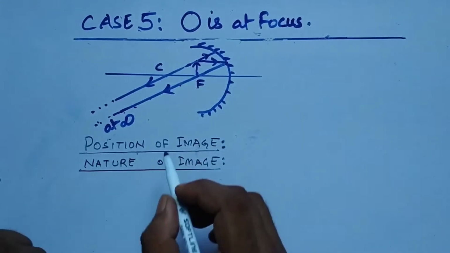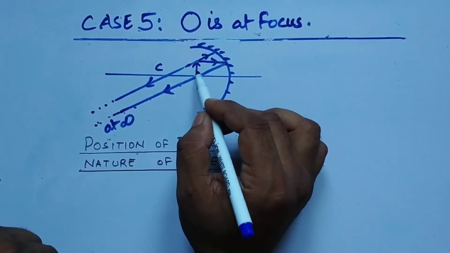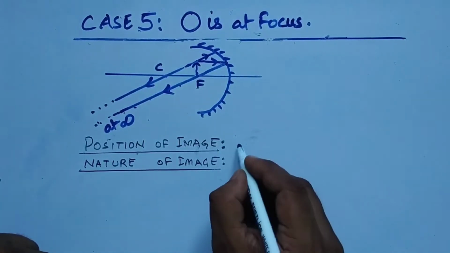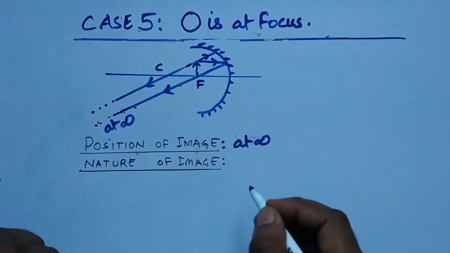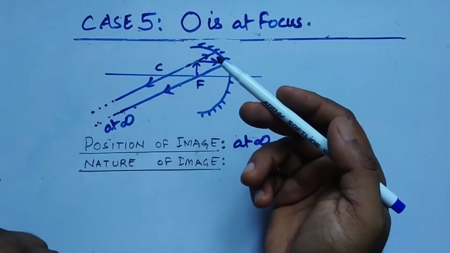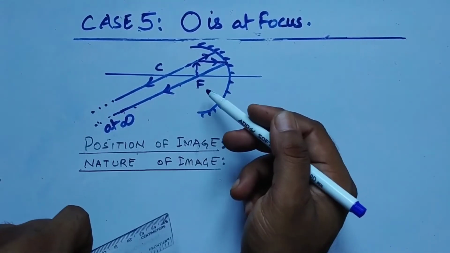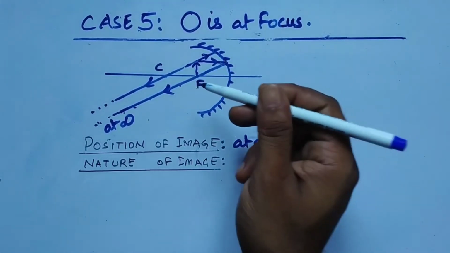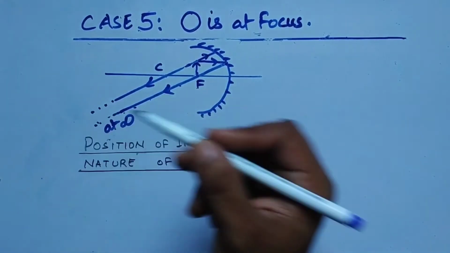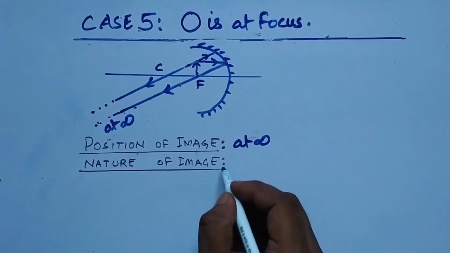So we have to remember that if the object is at focus, then the position of the image will be at infinity. बिल्कुल उल्टा केस जैसे हमने पहले पढ़ा था कि जब ऑब्जेक्ट इन्फिनिटी पे रहता है तो इमेज फोकस पे बनता है, यहाँ उल्टा हो रहा है, जहाँ ऑब्जेक्ट फोकस पे है तो इमेज is formed at infinity. Now what kind of image will be formed?